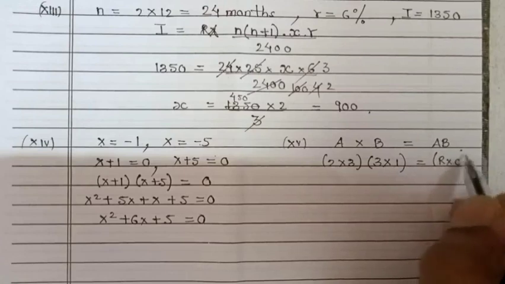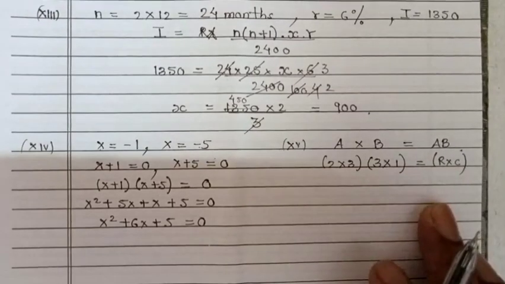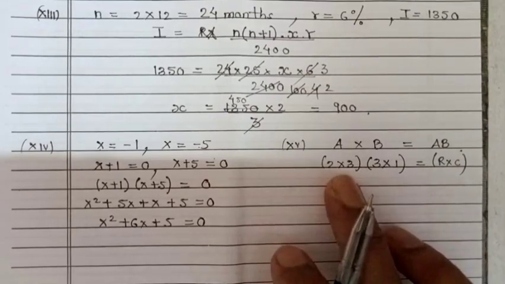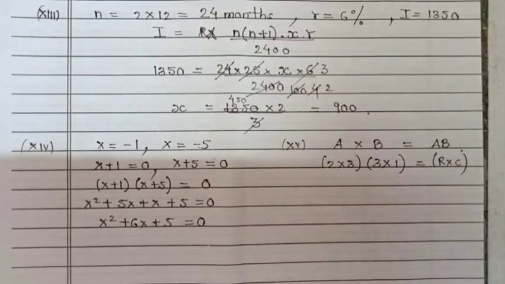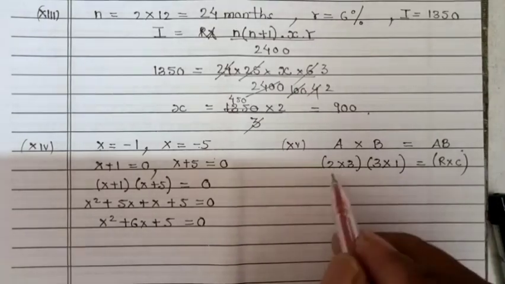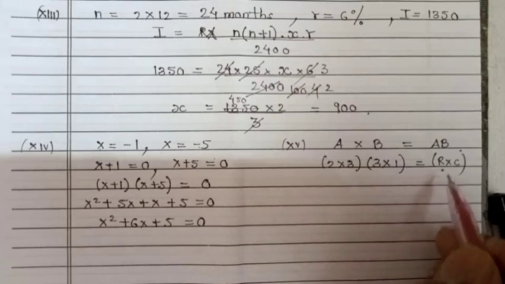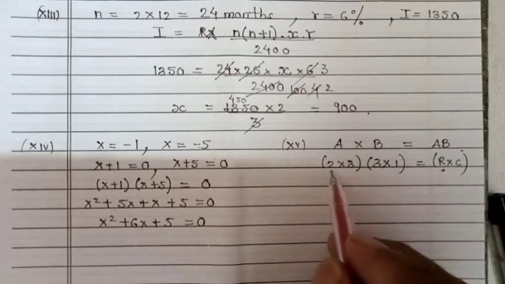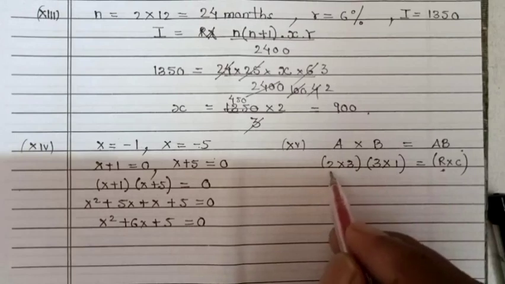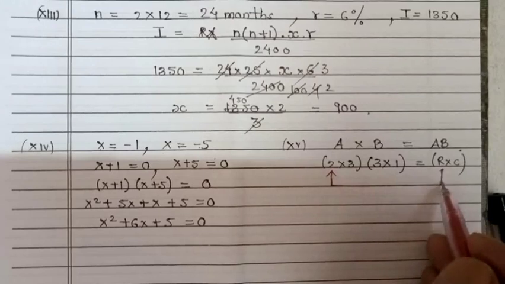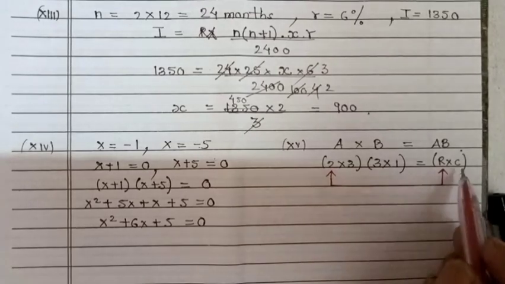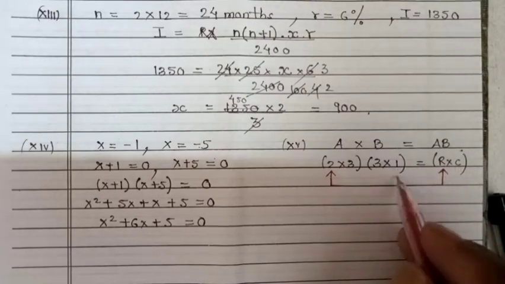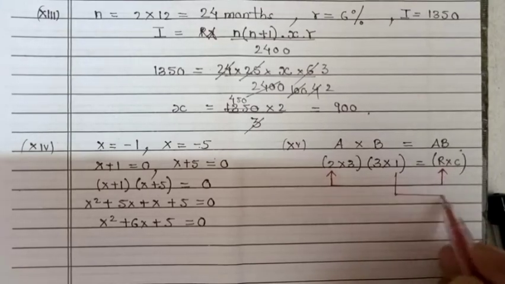Row cross column. Now under these conditions, remember, when on the left side both the matrices with their orders are known to you, then the row of the product will be equated with the row of the first matrix, and the column of the product will be equated with the column of the second one.